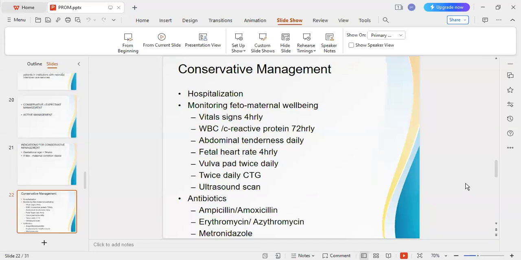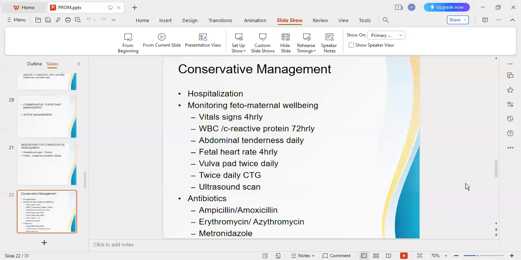So our maternal vitals, our temperature, our pulse rate, our respiratory rate, are vital to our management. We continue with our full blood count, looking out for the WBC count, and our C-reactive protein, and this can be done every 3 days, every 72 hourly.